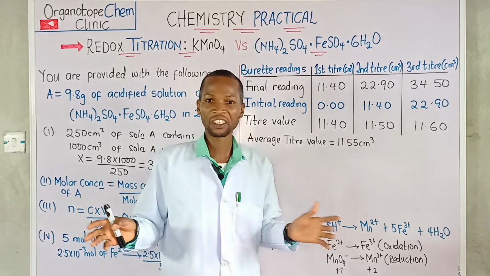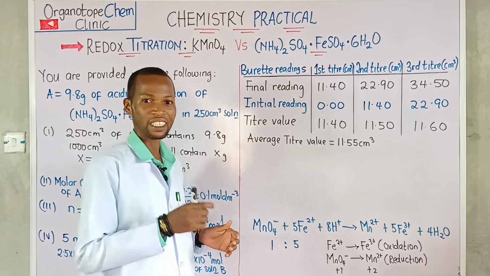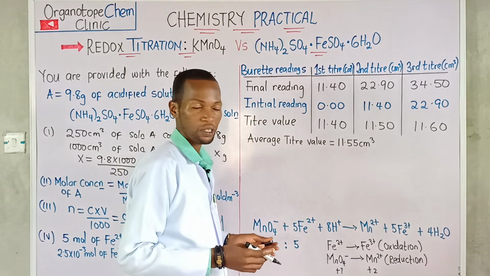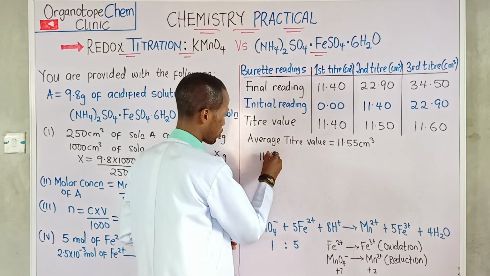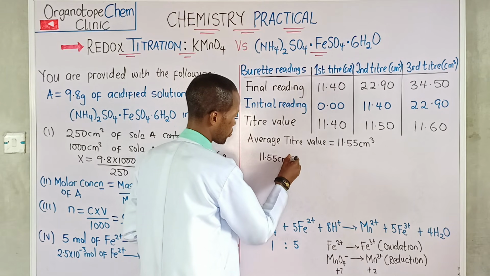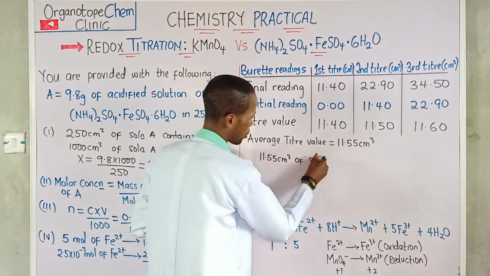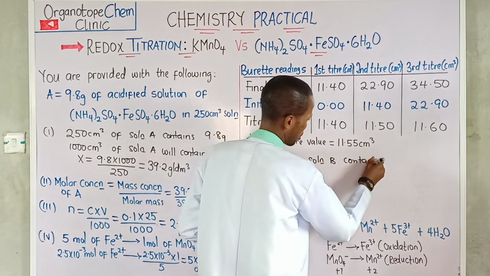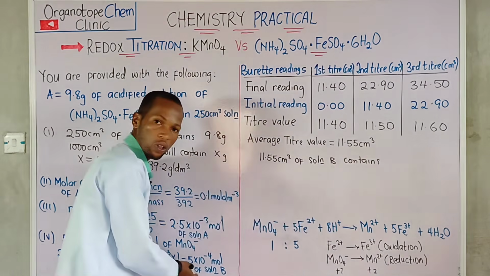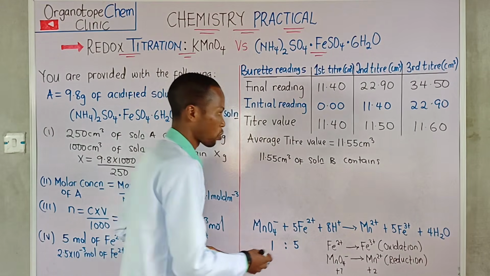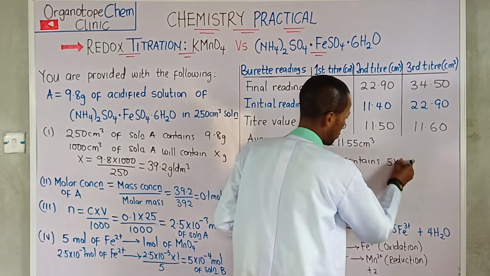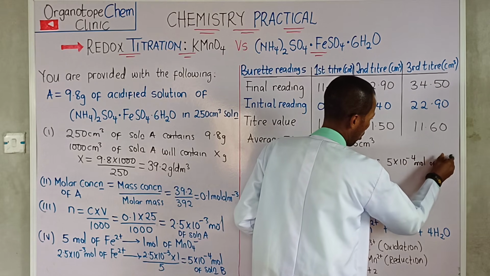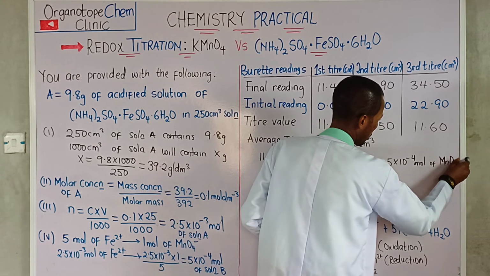Makes sense? Moving on, can we determine the concentration of the manganese ion? We have the average titre value as 11.55 cm³. So 11.55 cm³ of solution B contains this mole of manganese ion. So we have 5 times 10 raised to power minus 4 mole of manganese ion.